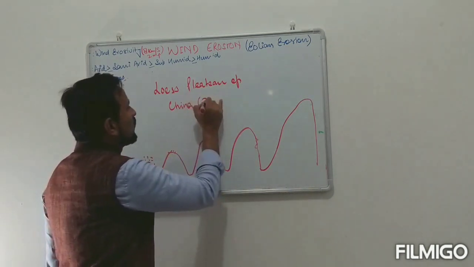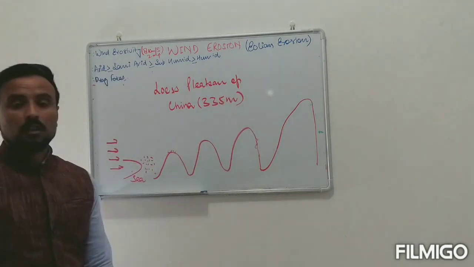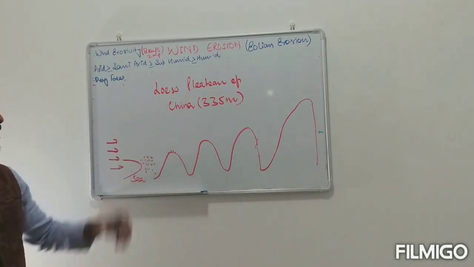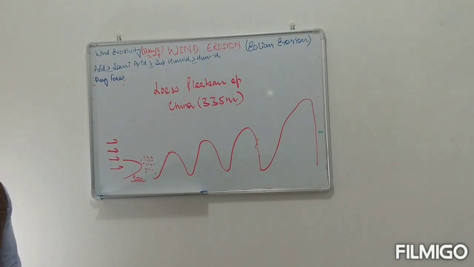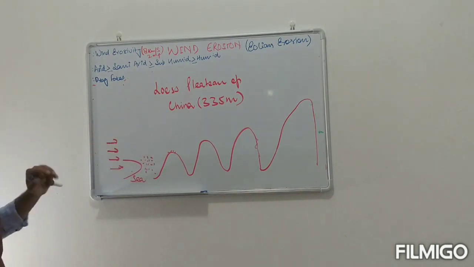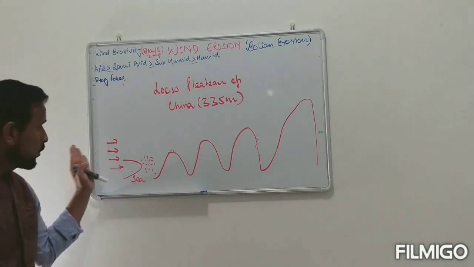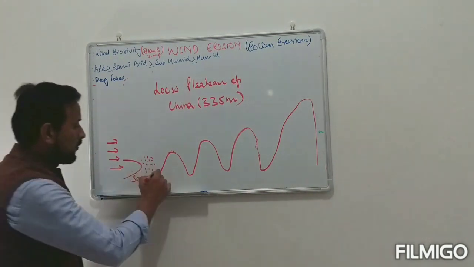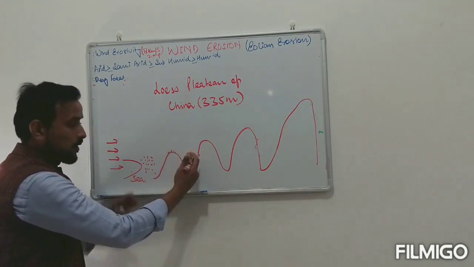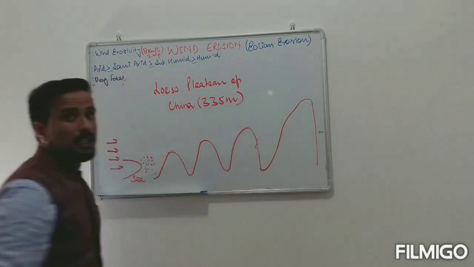It is a 335 meter long sand dune. Right. The biggest sand dune example is the Loess Plateau of China. This is in a sandy region, right? So I was saying that if wind erosion is happening from this side, first silt size particle structure will be here, second will be here, it will be more bigger, third will be here, and fourth will be here.